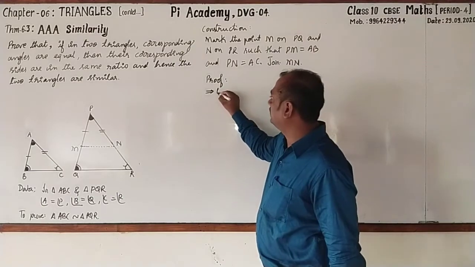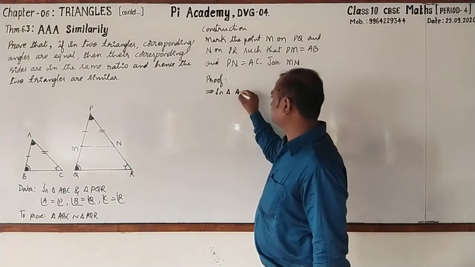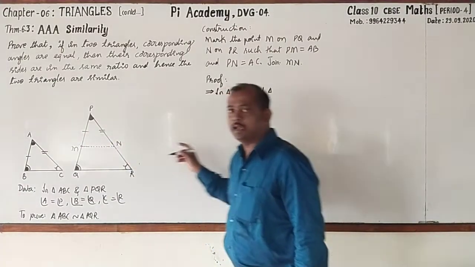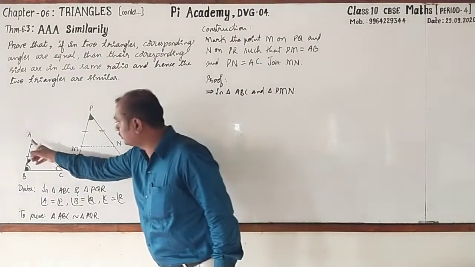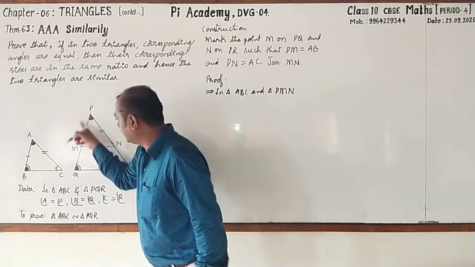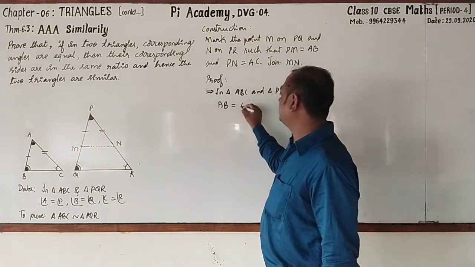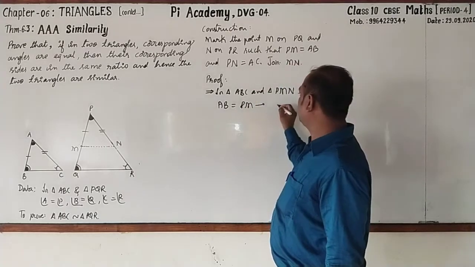Start writing with me. In triangle ABC and triangle PMN, in these two triangles, you can come to know that AB equal to PM. AB equal to PM, how do you say that? It is from construction.